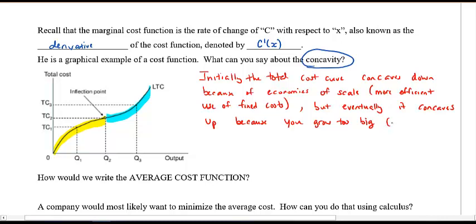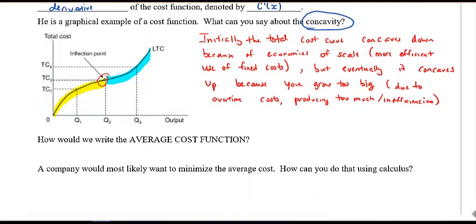So the idea here about growing too big is you really have things that are due to perhaps overtime costs, producing too much, or what I'll call inefficiencies. Okay, so there is a sweet spot, right? And that sweet spot, of course, is the inflection point.